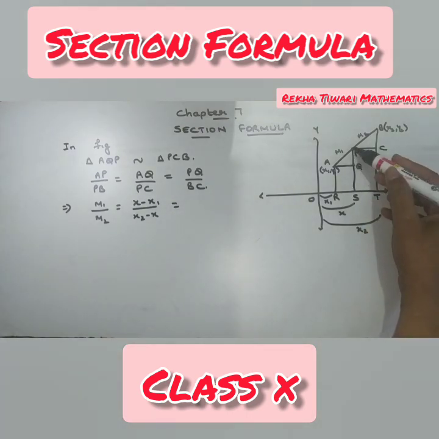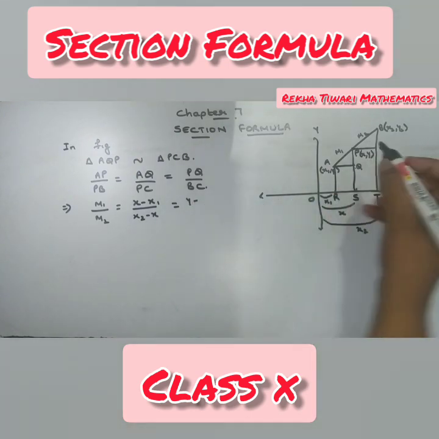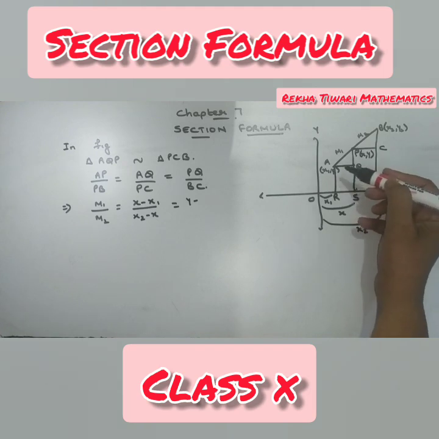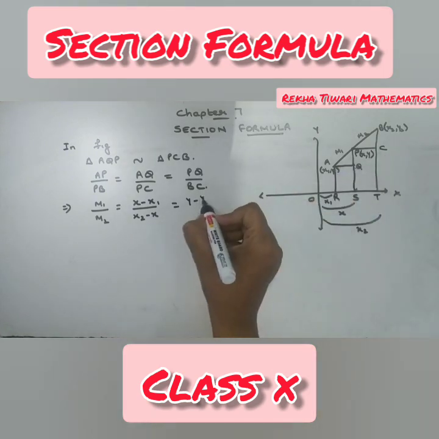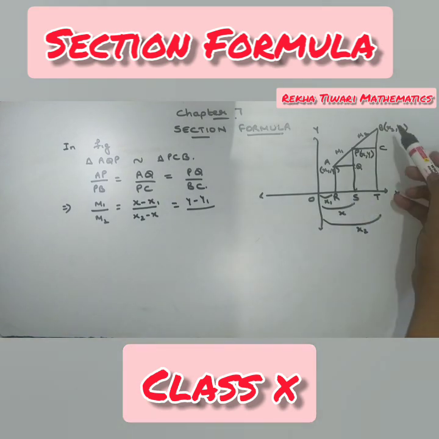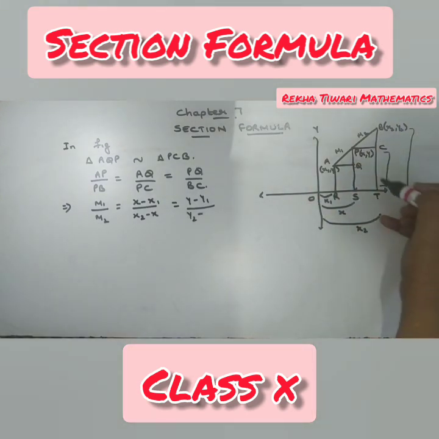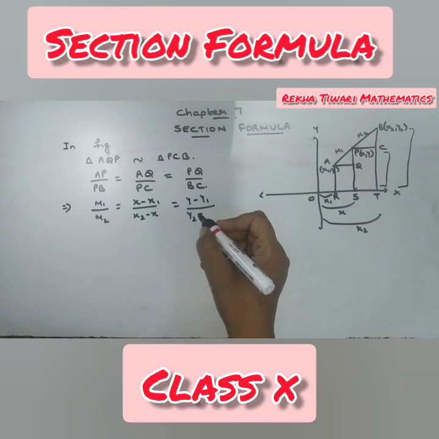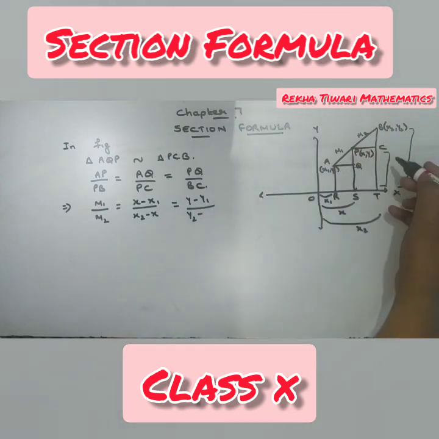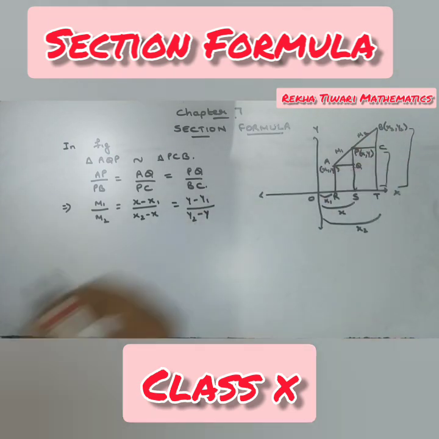PQ is PS minus QS. PS is y. So this is y minus QS, and QS is y1. So y minus y1 upon BC, which is BT minus CT. BT is y2 and CT is y. So after placing the values, I will get the equation like this.